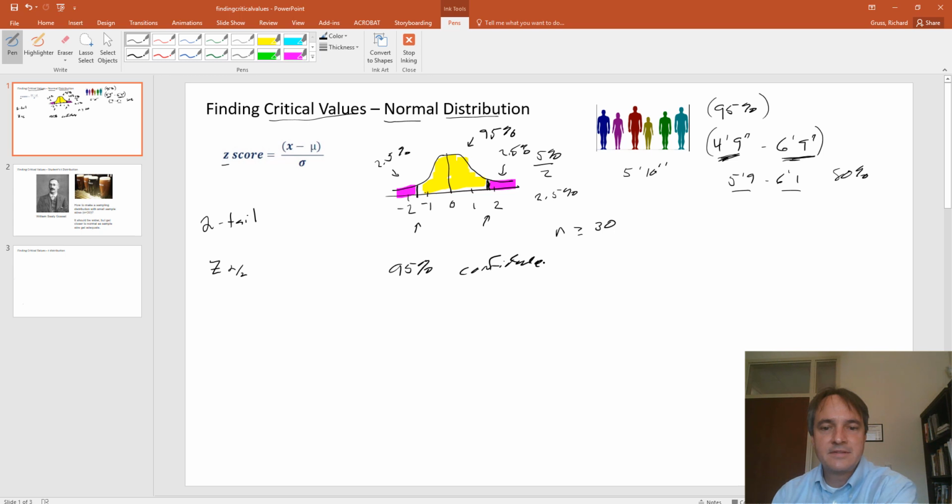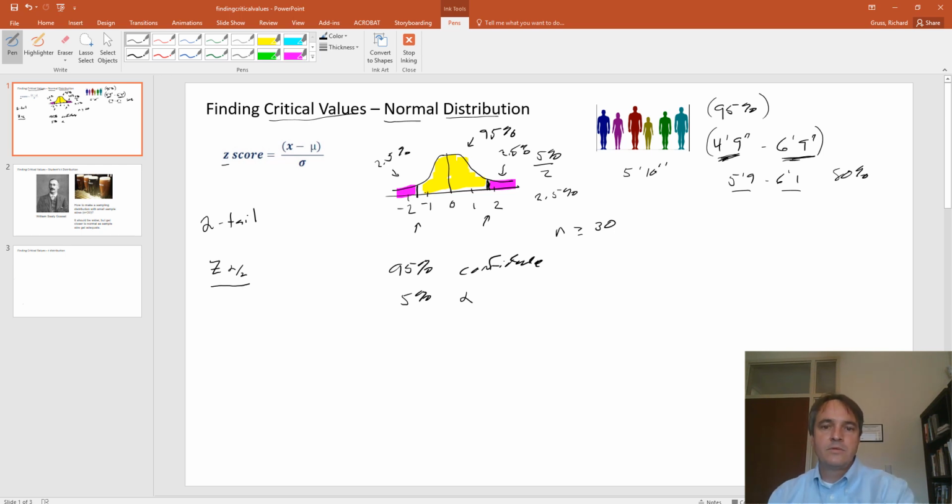And if your confidence level is 95%, this leftover 5% is just designated as alpha. This subscript is alpha over 2 because, as a two-tailed probability, we have to put half in each tail. So we're looking for Z of alpha over 2. This is what we're finding right here.